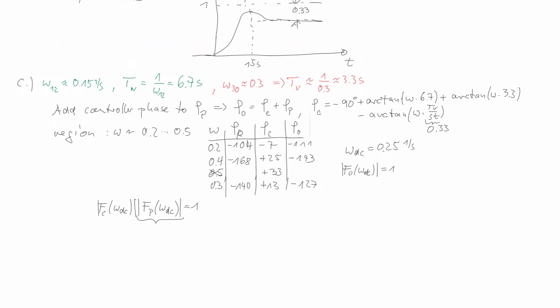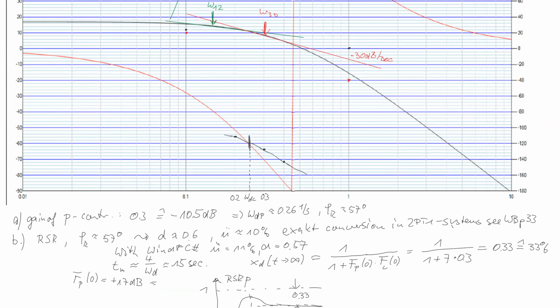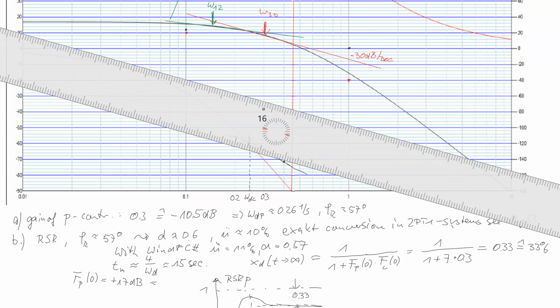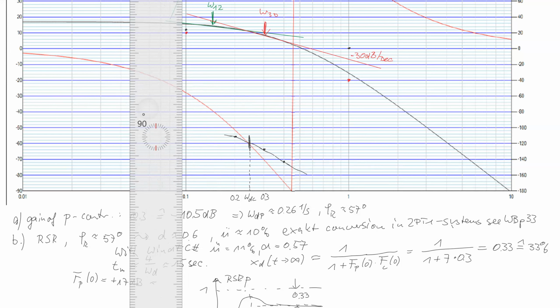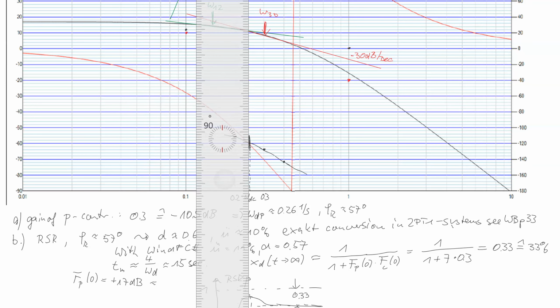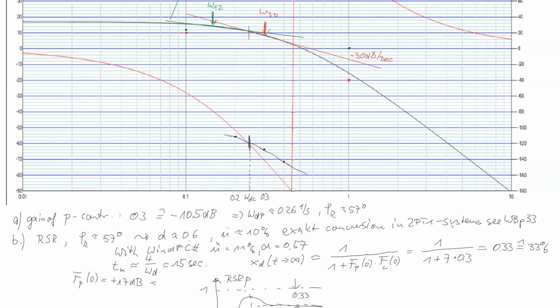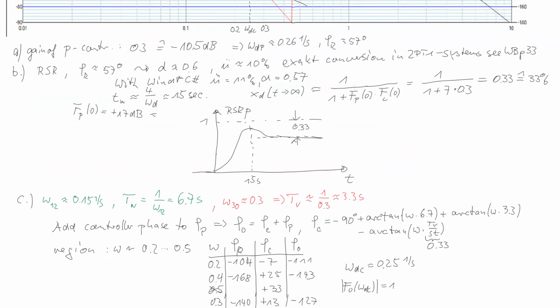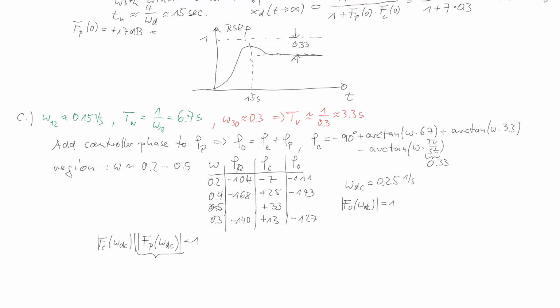This comes out of the curve, so we have to go now in this gradient, maybe with a ruler, vertically to this point. We see here a cross point. Here is the crossing of the magnitude curve, 10, I think 11 dB. I read 11 dB.